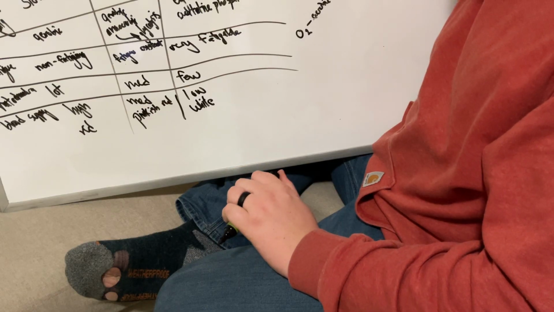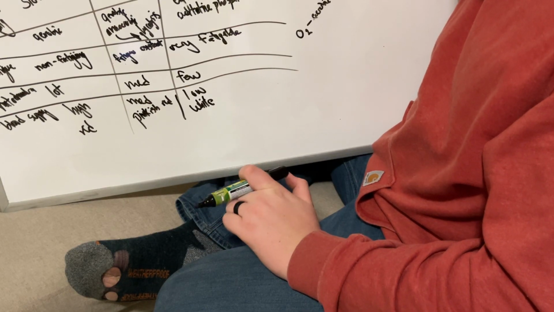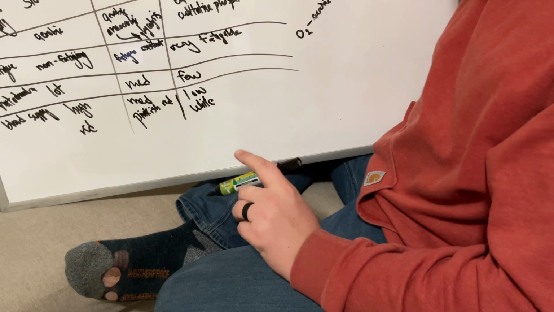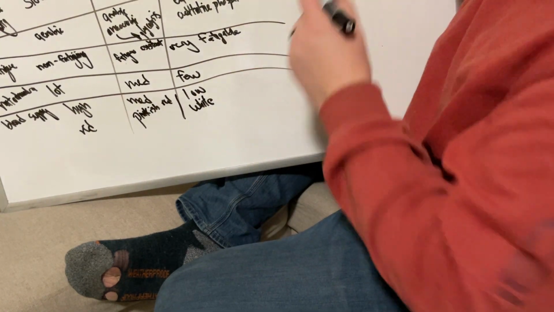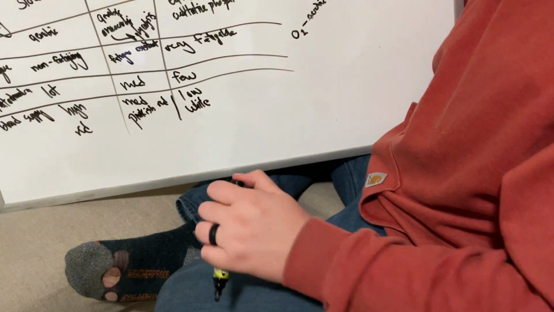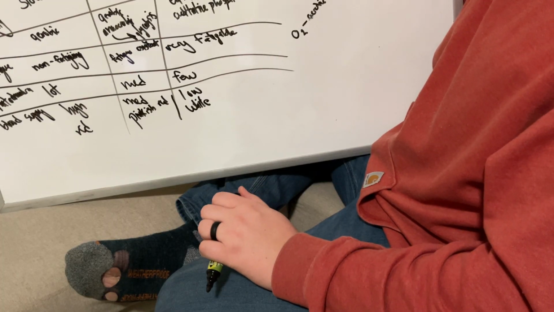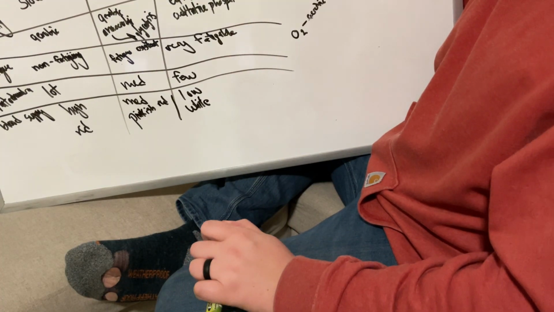So here we go. These two, we have an immediate energy source. Advantage is rapid ATP generation. Disadvantage is there is limited storage. It's also used in short, high-intensity activities.